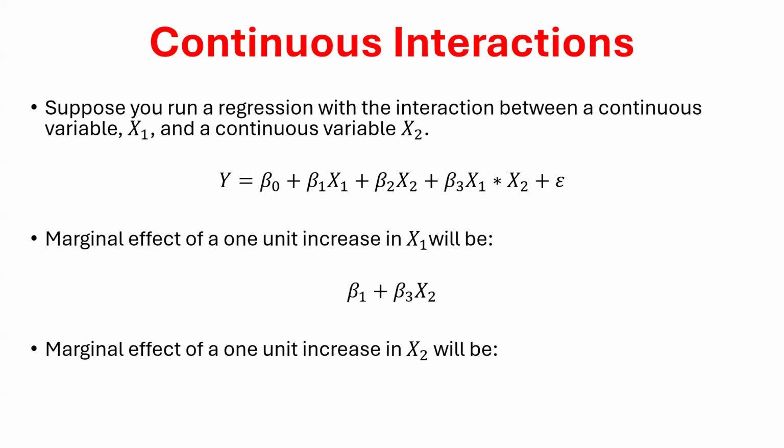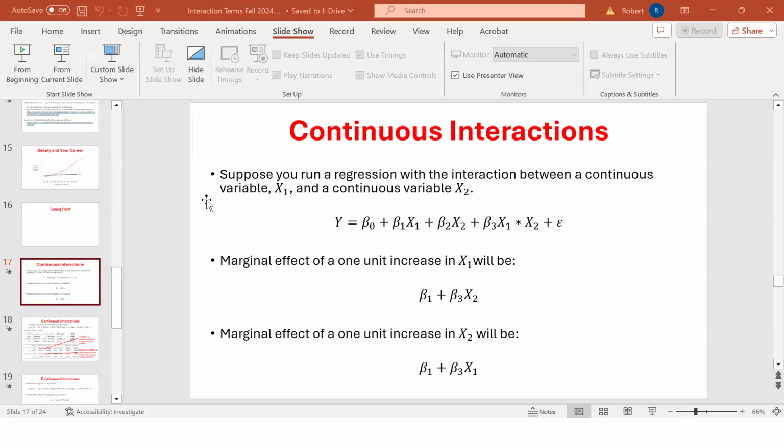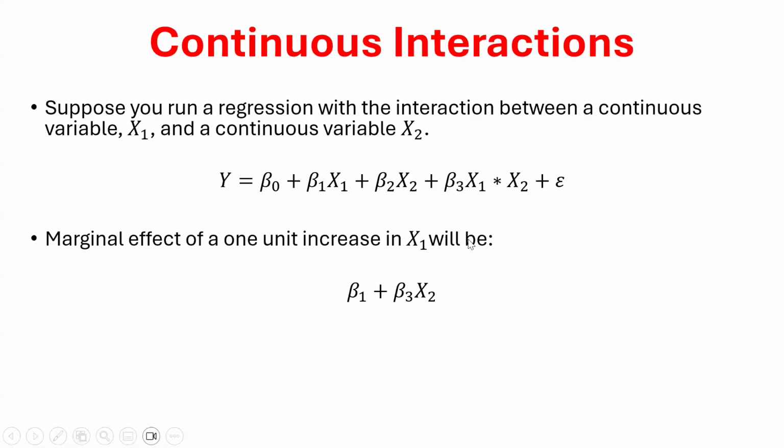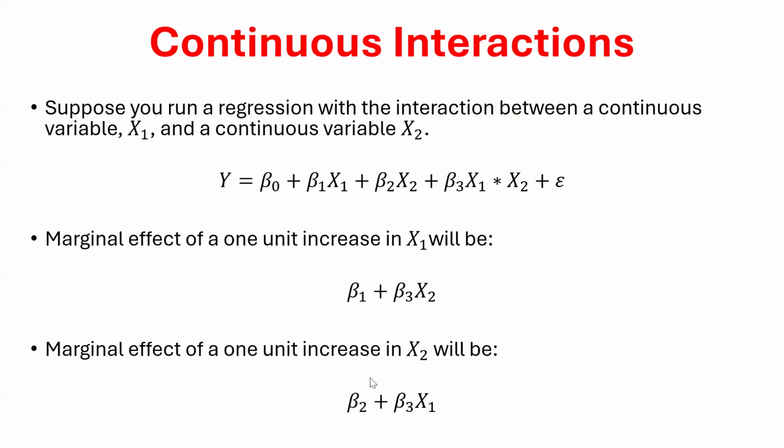Now the marginal effect of that second variable is going to be the coefficient on x2, but now also it's dependent on the value of this other variable I interacted with.